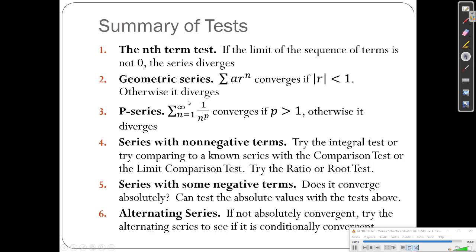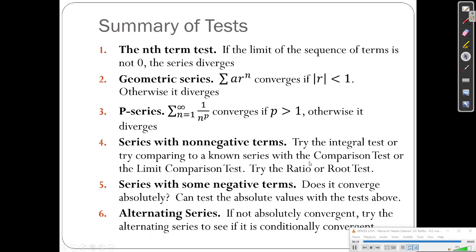If you recognize that you have a geometric series, those are pretty recognizable, that would converge if you have a common ratio whose absolute value is less than 1. Otherwise, it's going to diverge. We actually did a proof of that. If you've got a p-series, p greater than 1, it converges. Less than or equal to 1, it diverges. Dealt with one of those in the last video, I think.